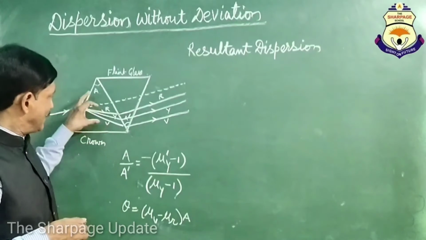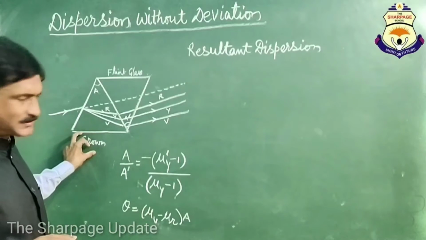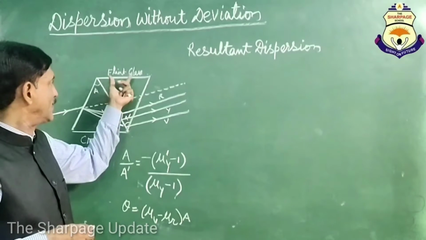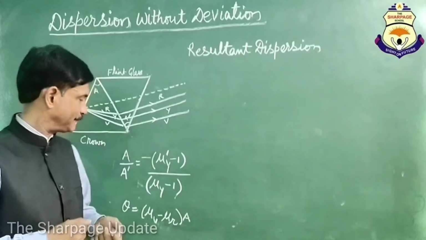Here, the first prism is of crown glass and the second prism is of the flint glass material.